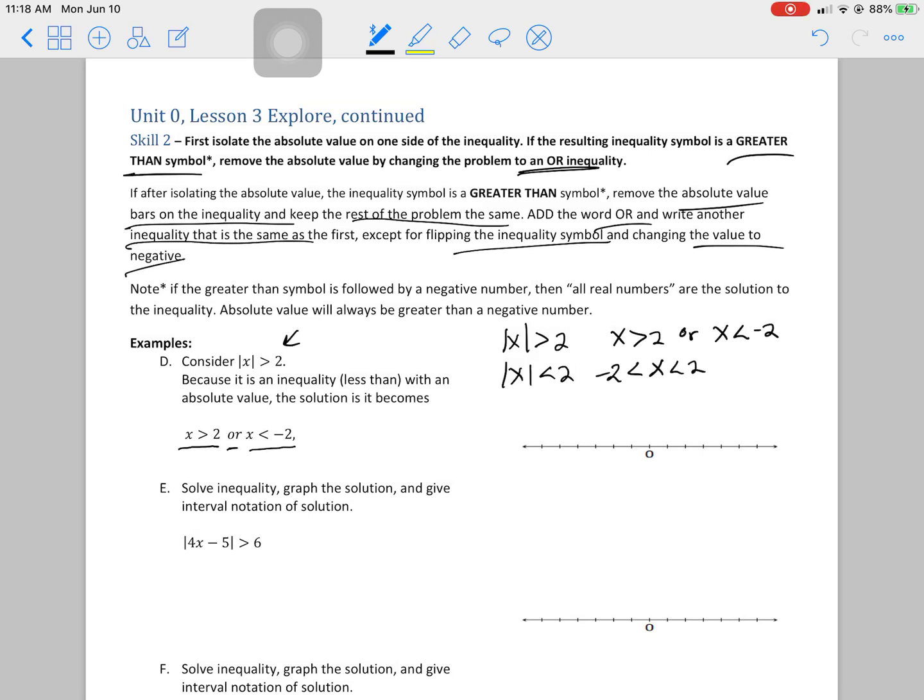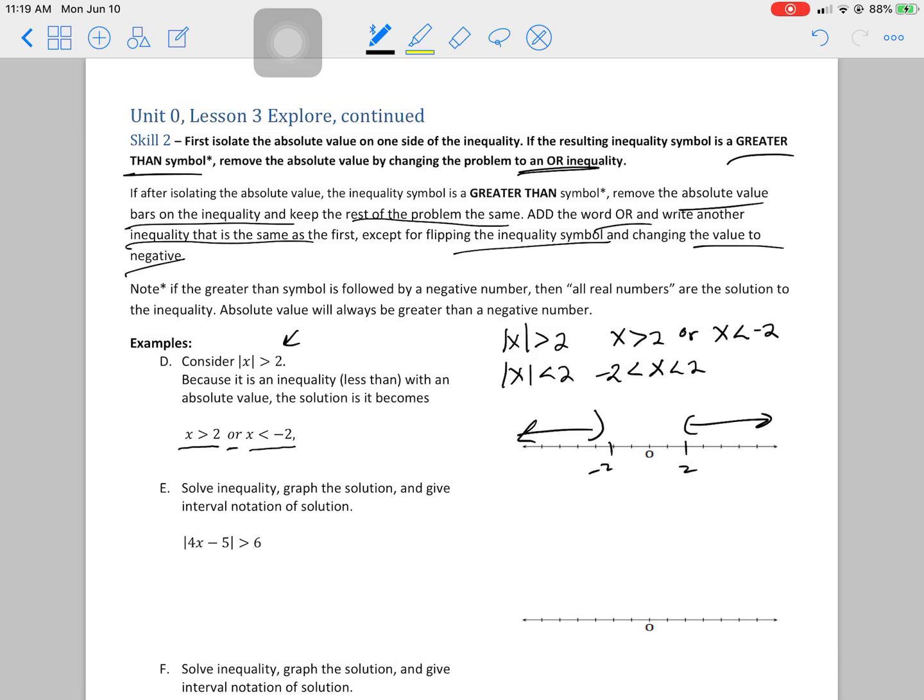So the graphs are going to look different when it's an or, right? So where -2 is down here, and 2 is up here, it's going to be greater than 2 and less than -2. Let me get my key out, make sure I'm not messing anything up.